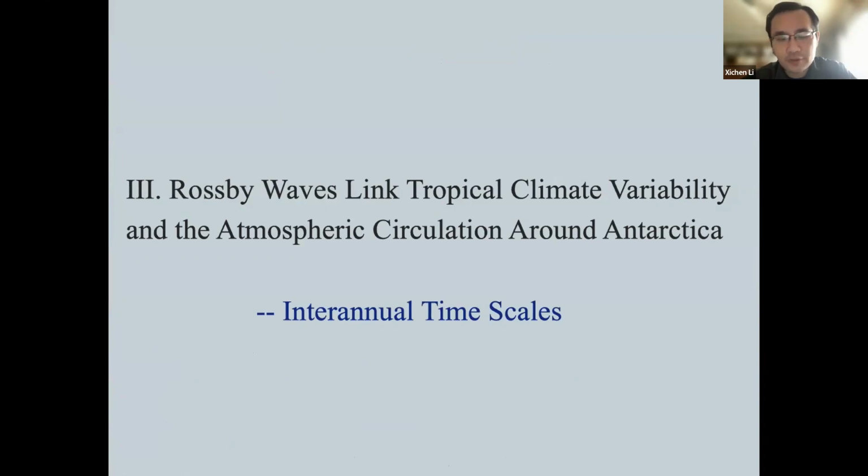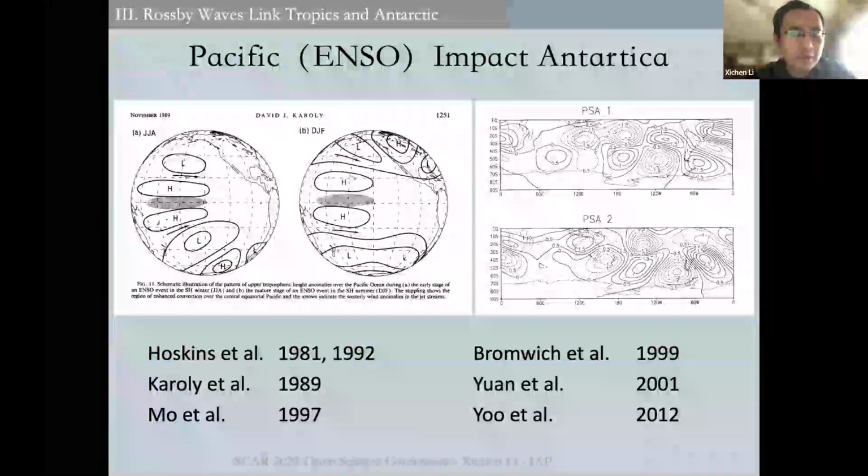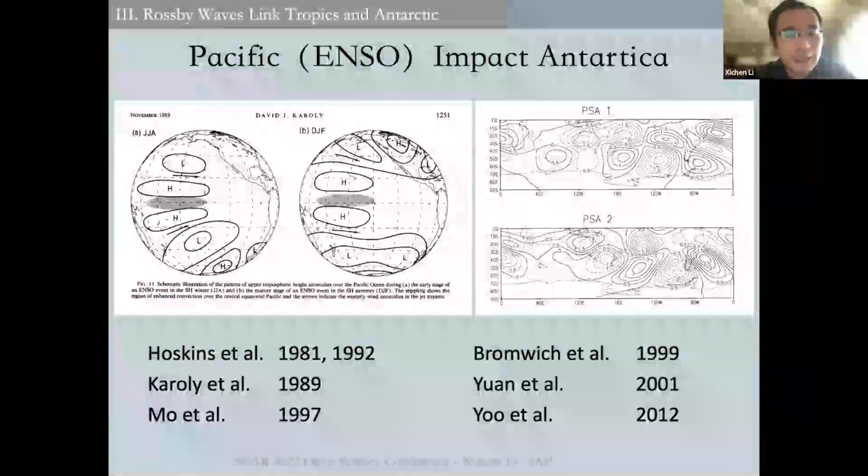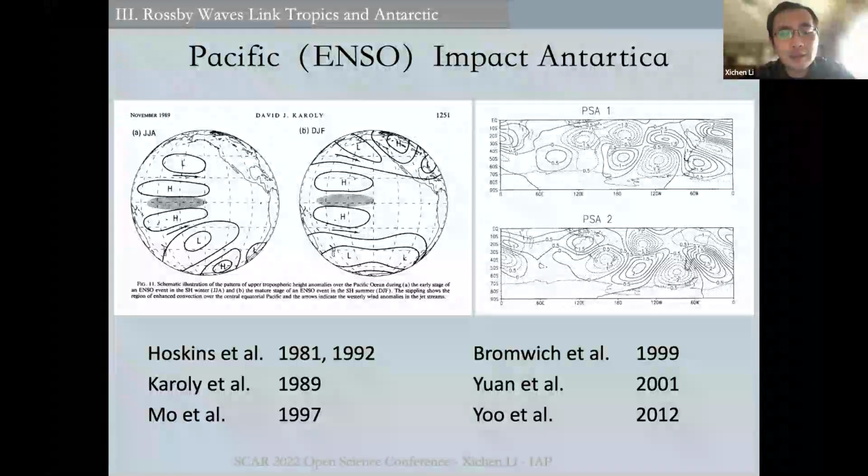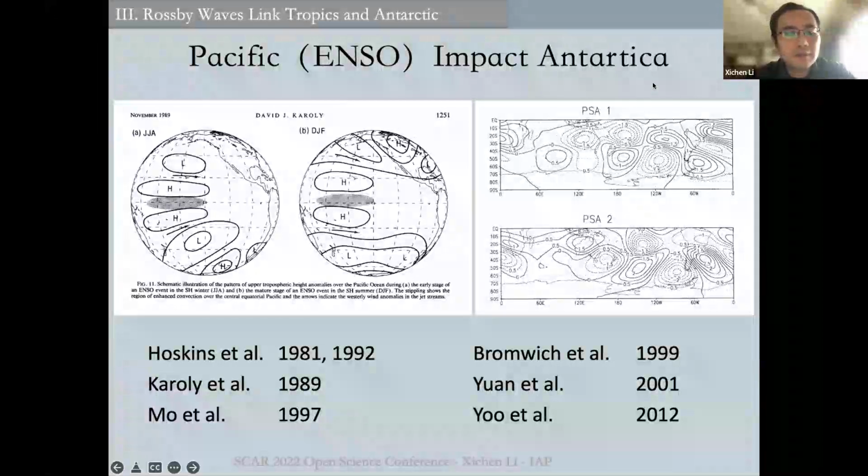Then a brief introduction to how tropical polar teleconnection impacts the atmospheric circulation anomaly around Antarctica. People first realized that there's a tropical polar teleconnection because of the extreme El Nino events in 1981 and 1982.